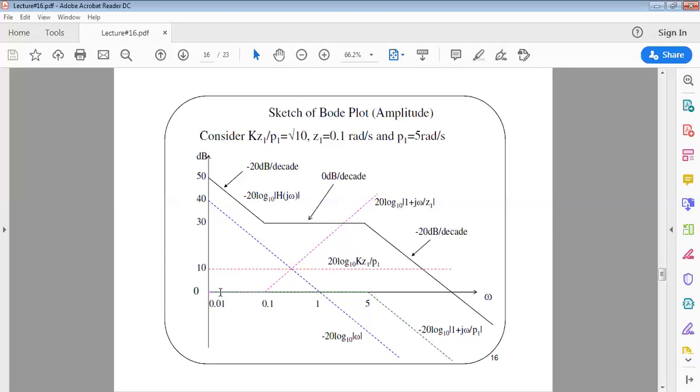The pink dotted line here is the plot for the real zero.